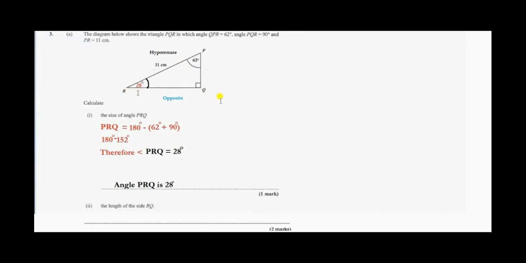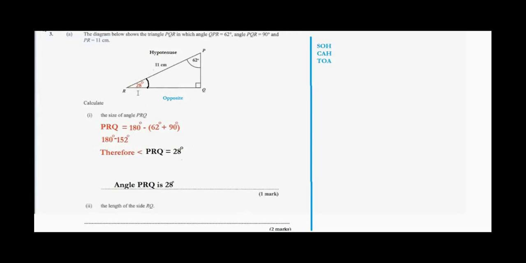So I am going to use the trigonometric ratio to use. So I'm going to use these acronyms, so-called SOH CAH TOA, right?